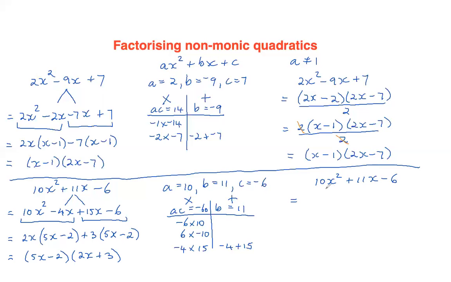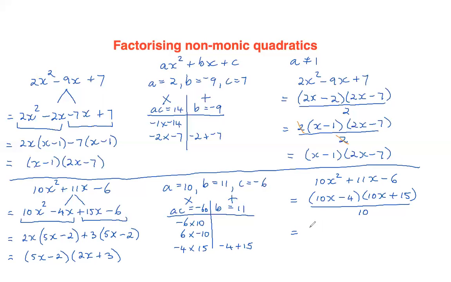So this time what we're doing is going straight with these numbers into our brackets, but we have to think we've got a 10x squared here, so I have to go 10x minus 4 and 10x plus 15, and then put the whole thing over 10. Now notice this time we've got a common factor in each bracket.